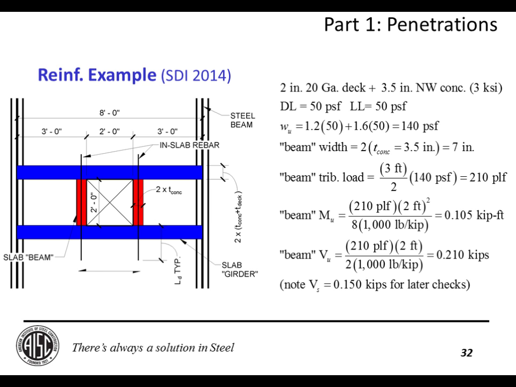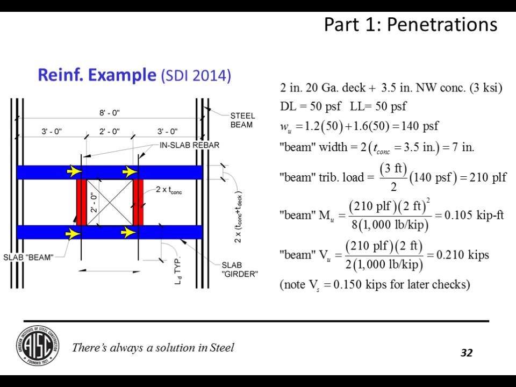So what you're looking at here is a plan of a composite floor. You have a steel beam support here and a steel beam support here, with your opening, in this case, in the center. And they recommend that you analyze fake in-slab beams that are 2 times the concrete thickness in width on each side of the opening for a uniform load, and you put in a piece of rebar as necessary to carry that load over to then point loads at these 4 locations, which is resisted by an in-slab girder.